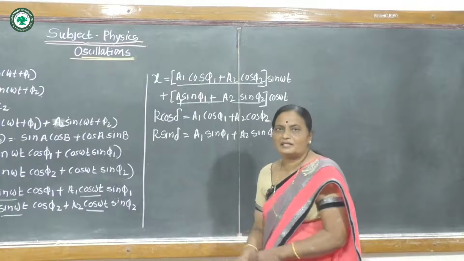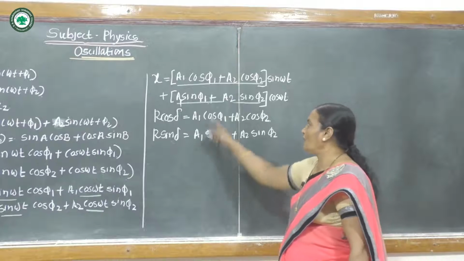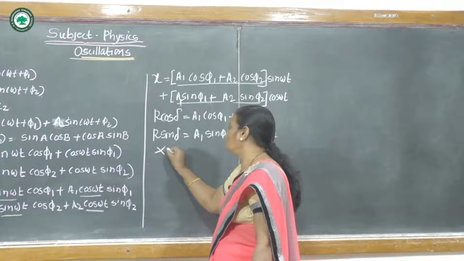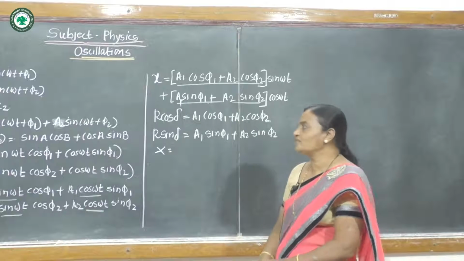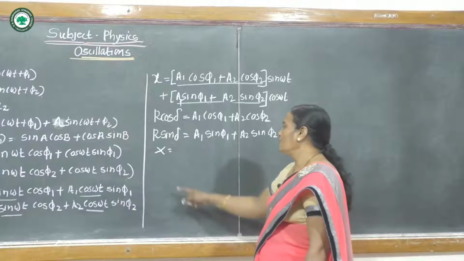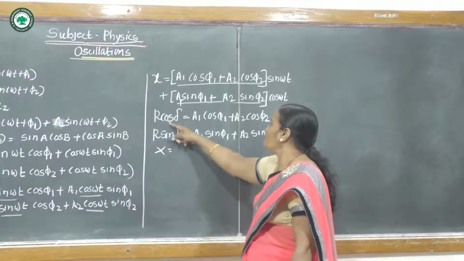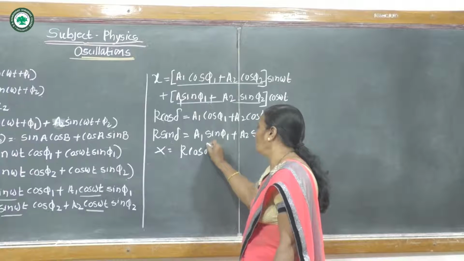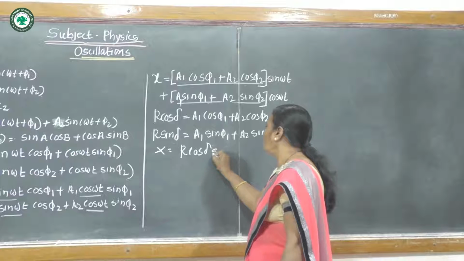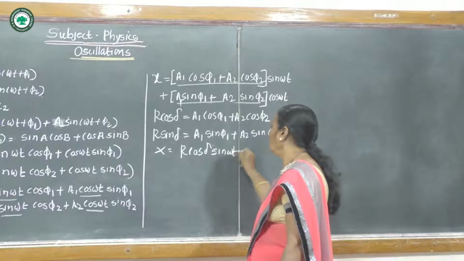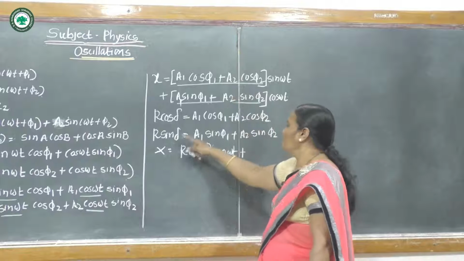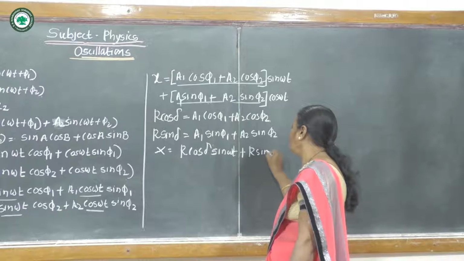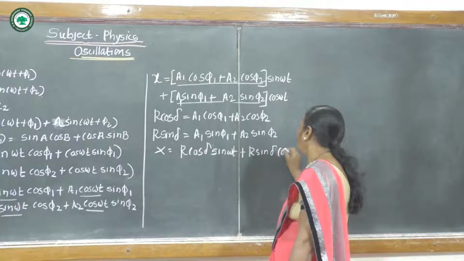Substitute the values of r cos delta and r sin delta in the above equation. The resultant displacement of the composition is x is equal to r cos delta multiplied by sin omega t plus r sin delta into cos omega t.